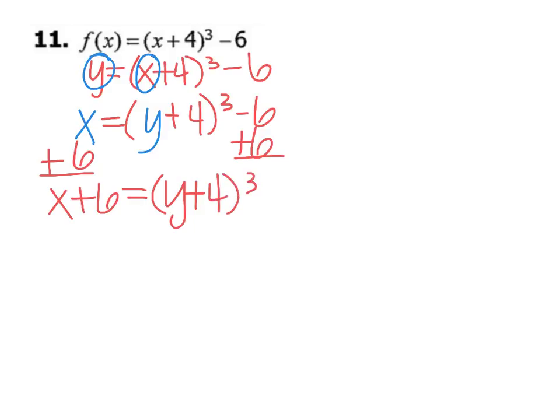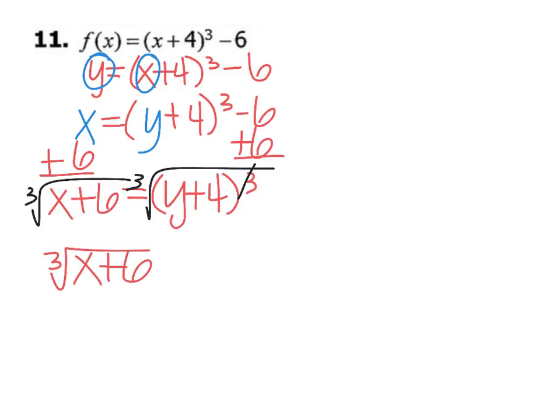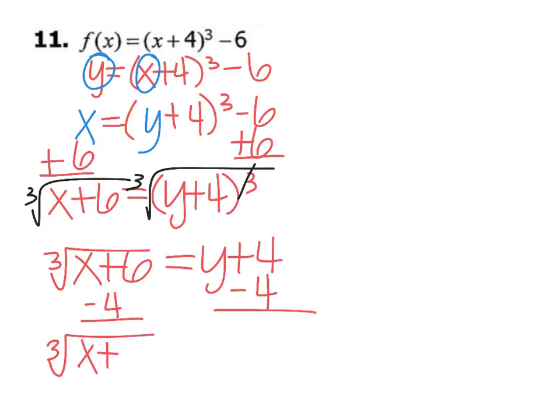Now to get y by itself here, we want to take the cube root of both sides to cancel out that cubed. All right, so that'll go away. We're left with the cube root of x plus 6 equals y plus 4. Subtract 4 from both sides. We're left with the cube root of x plus 6 minus 4 equals y.